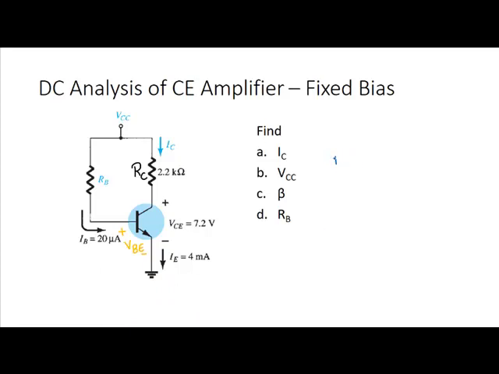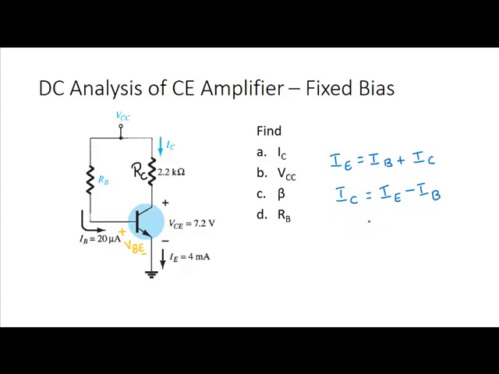For any BJT, emitter current IE is equal to base current plus collector current. So collector current can be found out using the emitter current and the base current. It is as simple as this. IC is equal to IE minus IB, transferring the term IB to the other side.